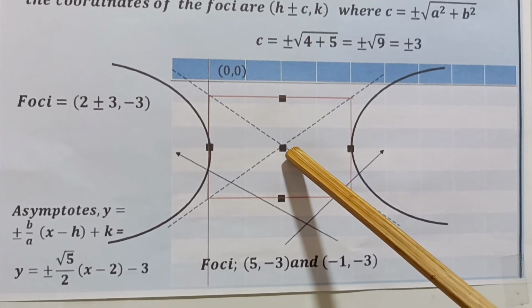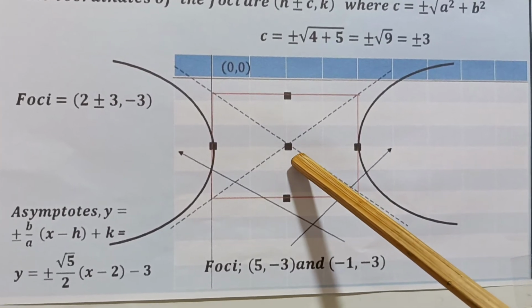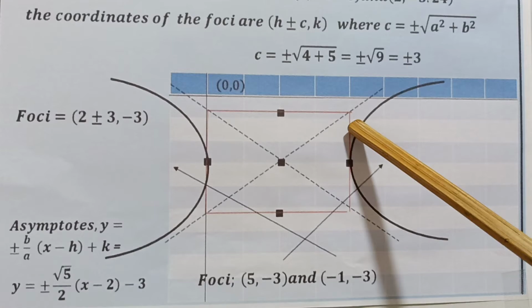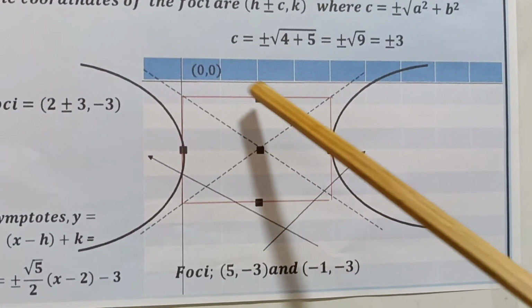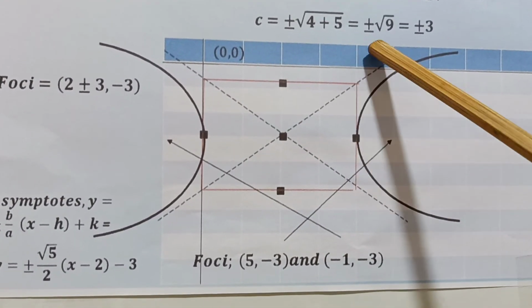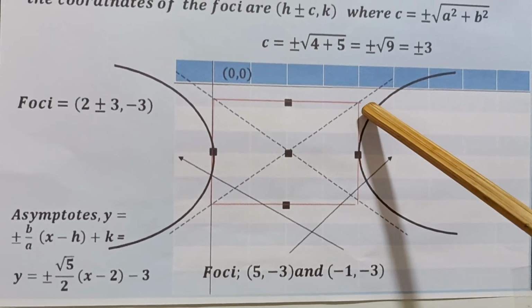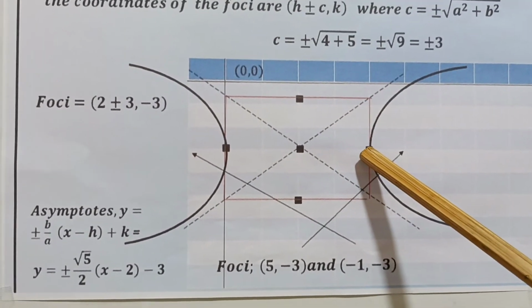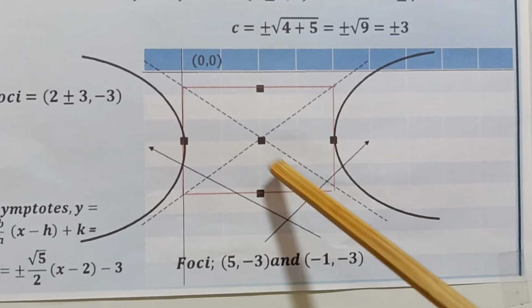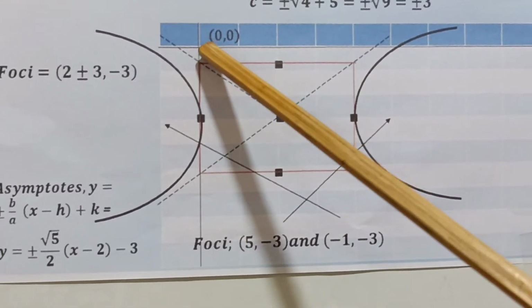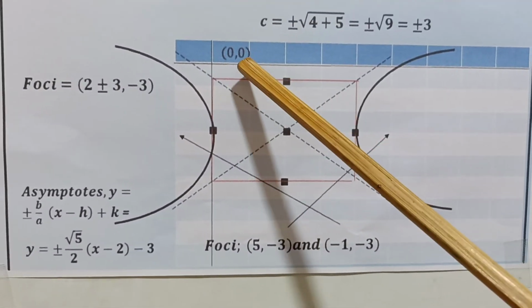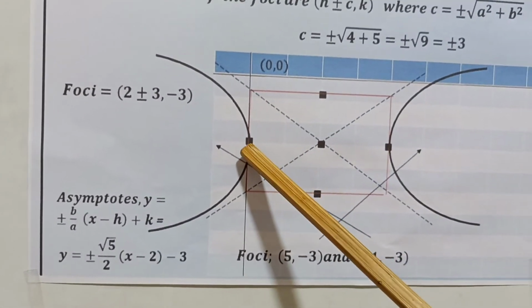And the coordinates of the vertices are 4 and negative 3: 1, 2, 3, 4, and negative 3. And the other one is 0, so this is the origin here, and negative 3.